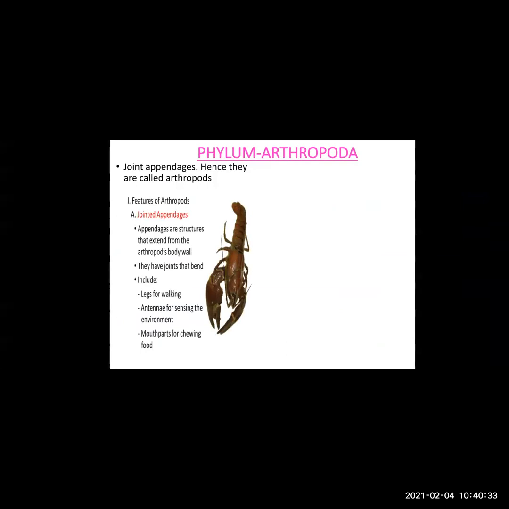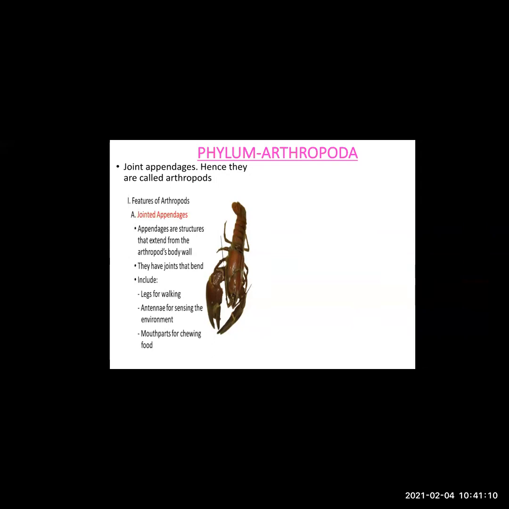Now, jointed appendages means what? Appendages are structures that extend from the arthropod's body wall. In the picture, you can see the external structures which are extending from its body. They have joints that bend, so that's why they are called jointed appendages. These include legs, which are used for walking, and antennas.